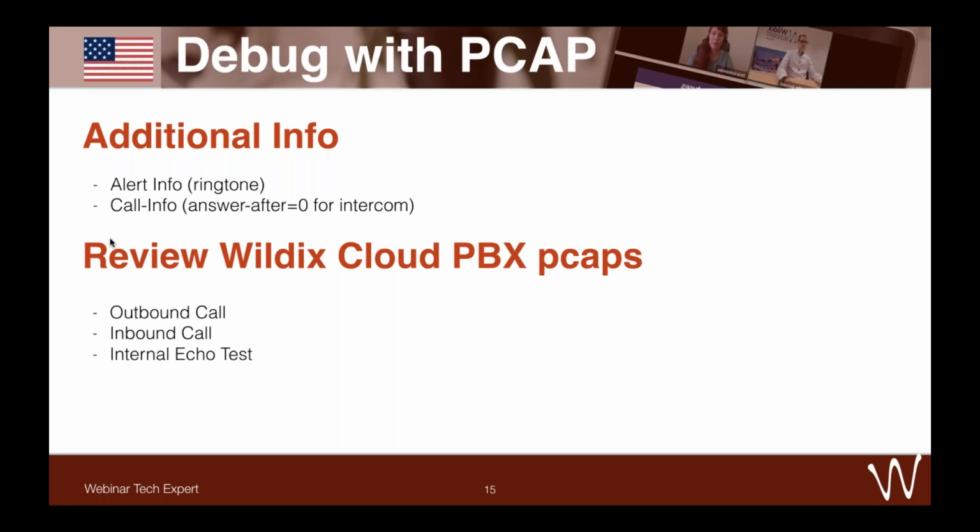I just mention these because I want you to be aware that there is feature related information inside some of the headers in a SIP invite. As you dig into the SIP protocol a little bit more, and start digging a little deeper on call flows, you'll notice some of these headers.